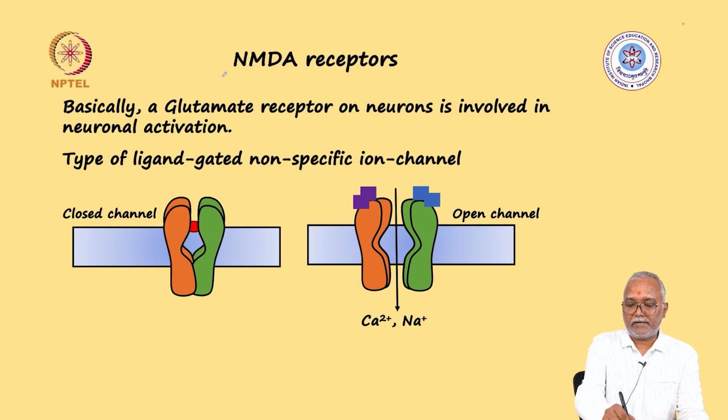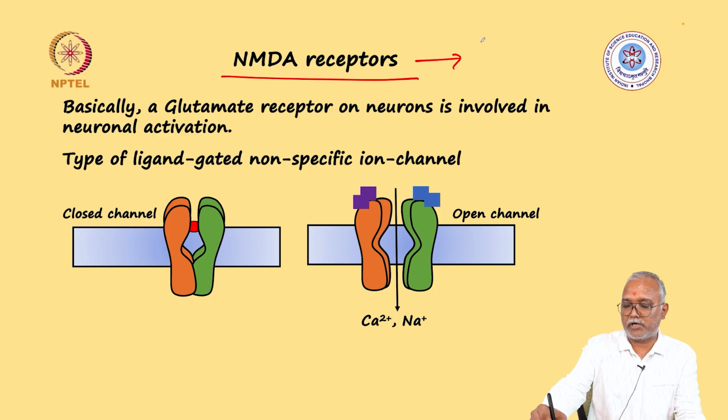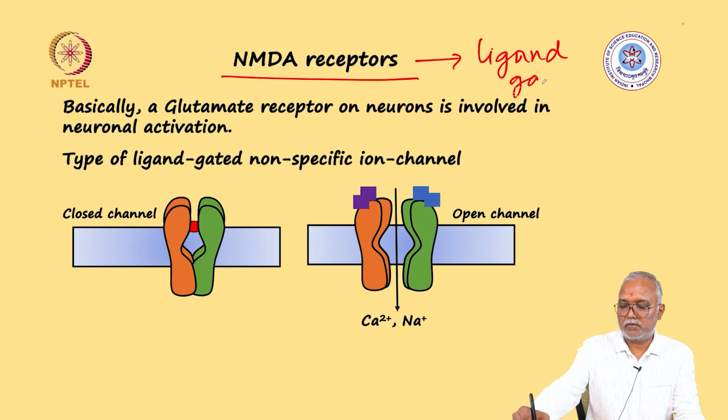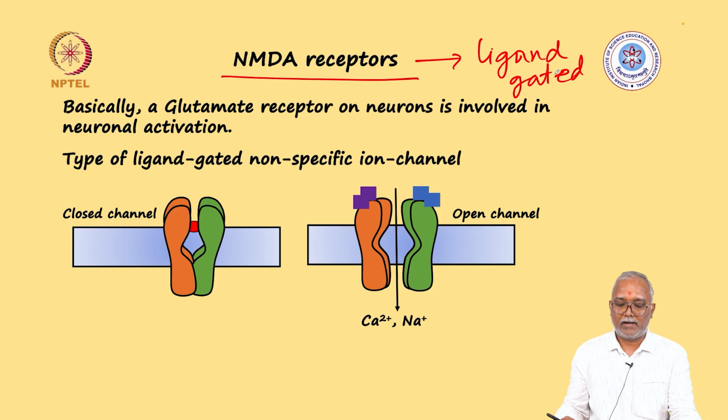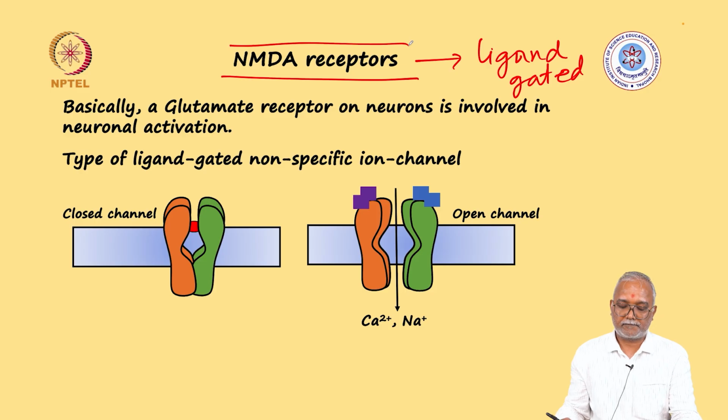So one more particular type of receptor in the class of ligand gated channels, besides the acetylcholine ligand gated channel we saw, are the channels or receptors called NMDA receptors.